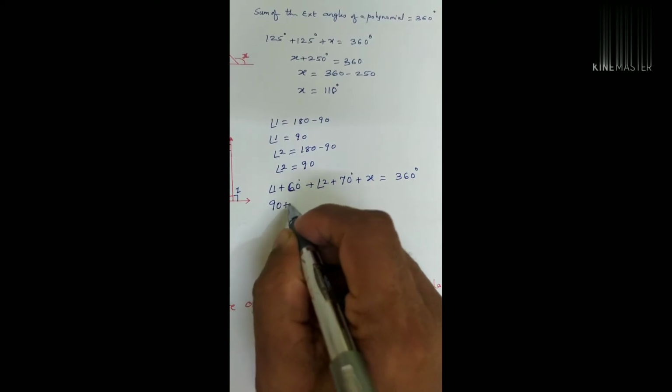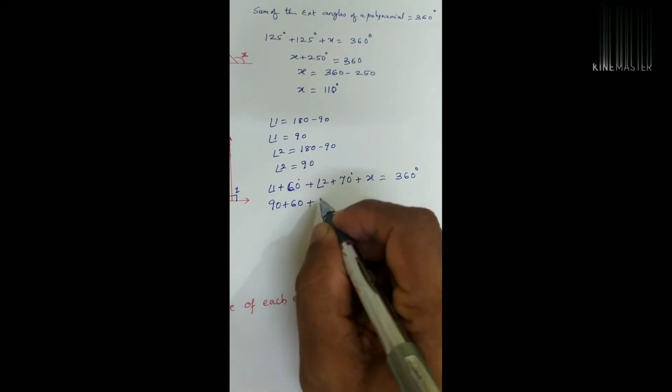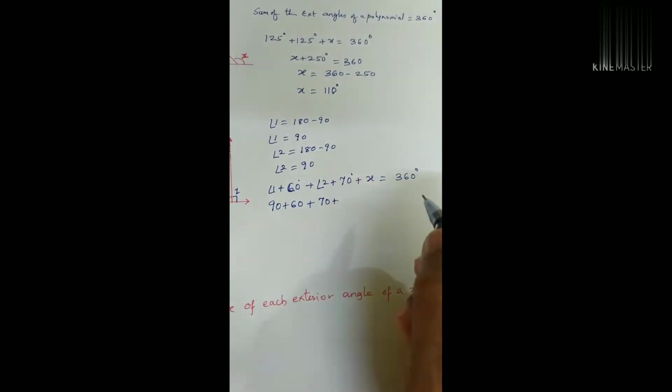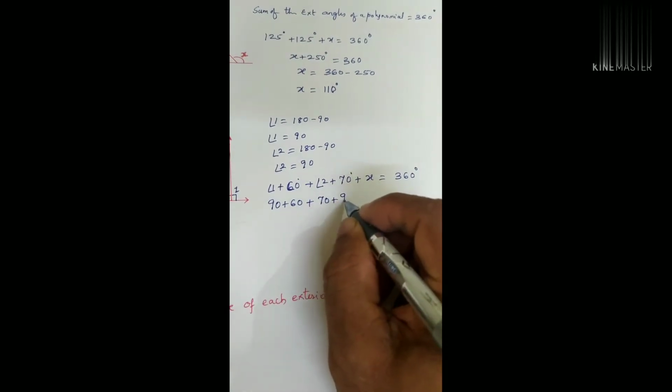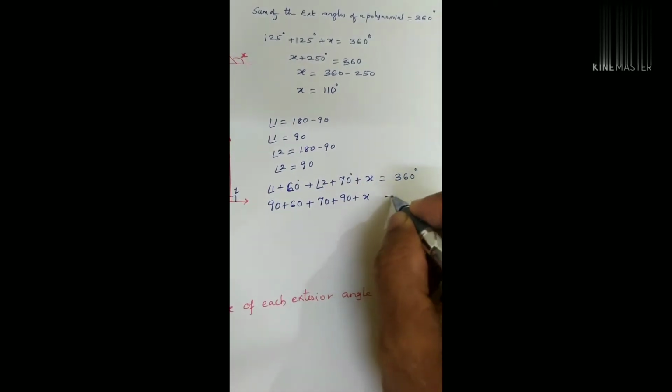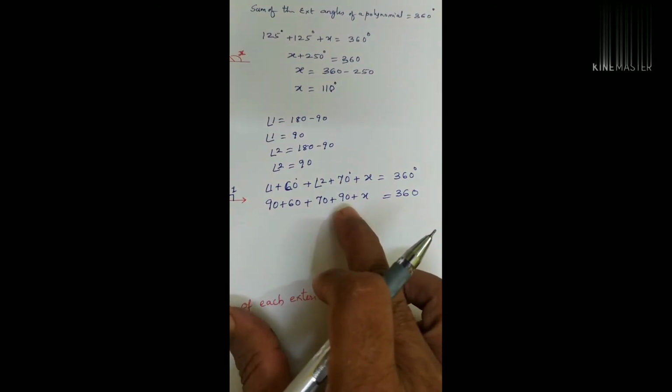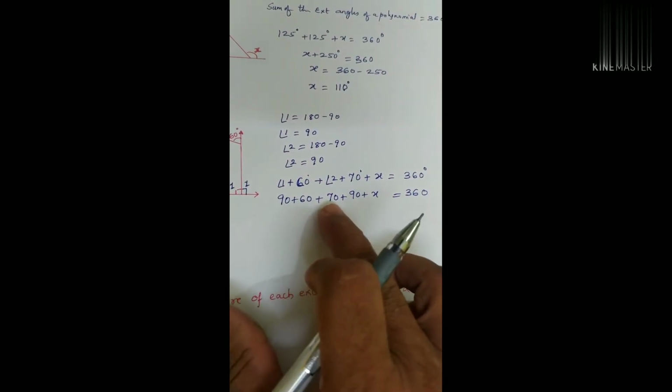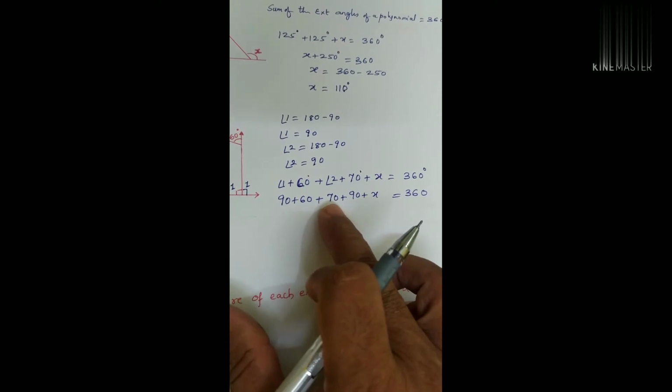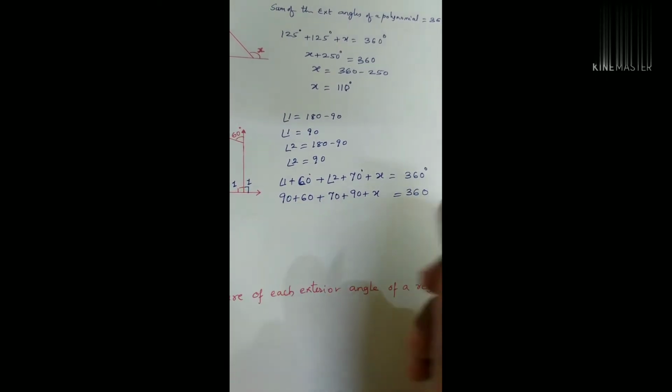So 90 plus 60 plus 70 plus this 90 plus x is 360. So 90 plus 90, 180, 180 plus 70, 250, 250 and 60 is 310.